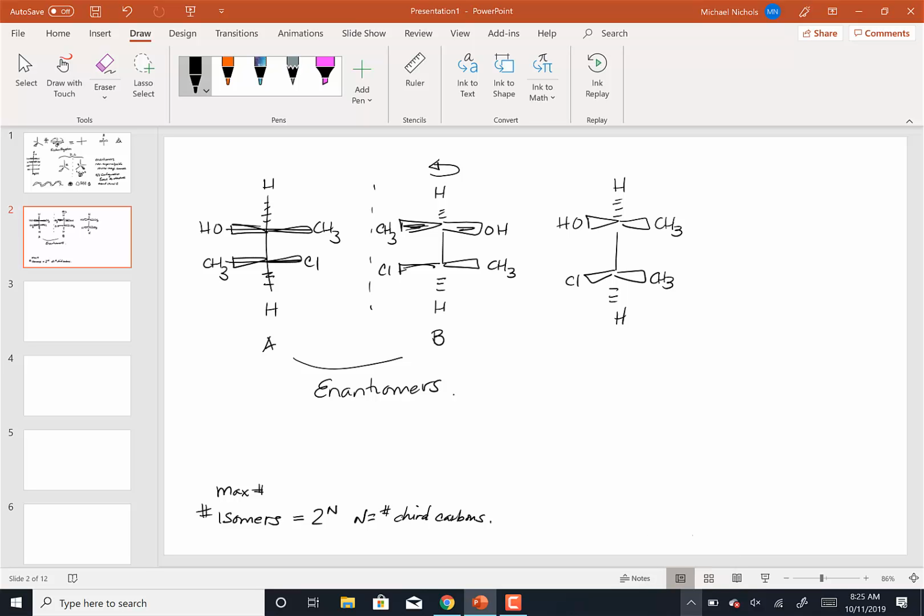So now the top carbon is the same as A, but the bottom carbon is the mirror image of the bottom carbon in A, which is also the configuration for B. So this is another possible structure. All I'm doing is putting together the four combinations.